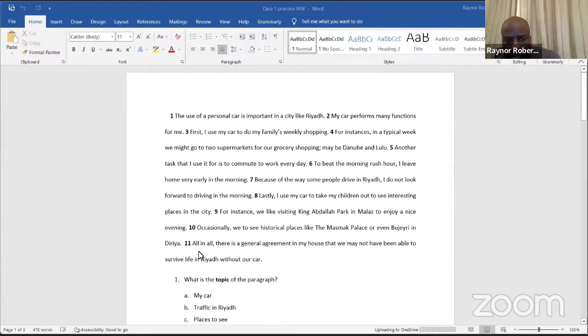The use of cars in a city like Riyadh offers many functions for me. First, a car to do my family's weekly shopping. For instance, in a typical week, we may go to 2 supermarkets for our grocery shopping, maybe Danube and Lulu. Another task that I use it for is to commute to work every day.